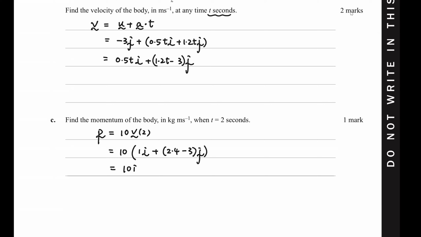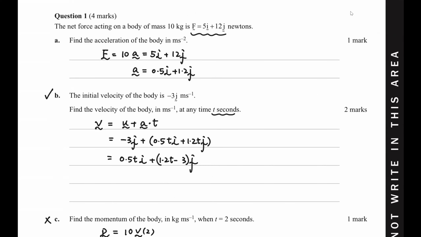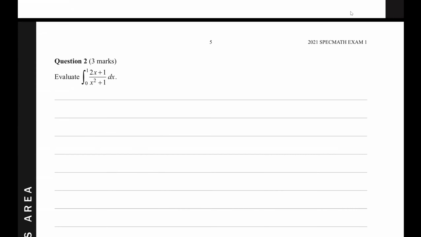So eventually you get 10i plus 10 times minus 0.6, minus 6j. So the answer is in kilogram meters per second. Technically speaking, I could say this one is still relevant, not relevant, not relevant. All right, let's move on and take a look at the second one.